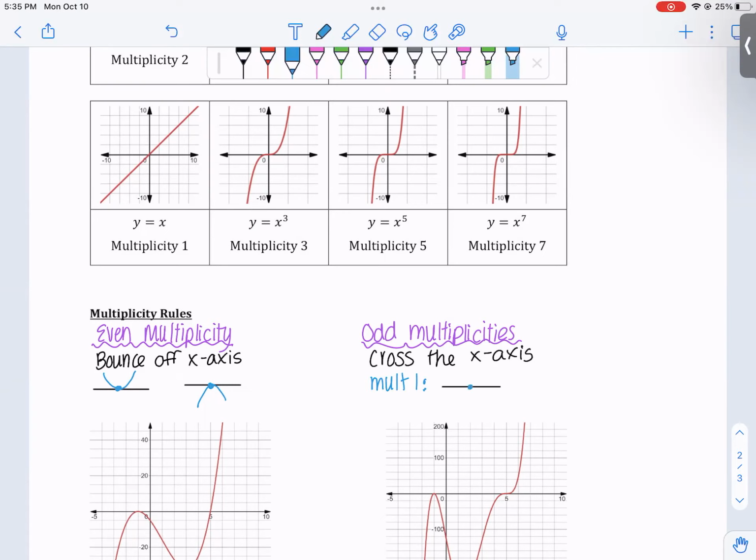So if your 0 is right here, you're just going to pass through. On the other hand, if you have anything higher than 1 and odd, so 3 or more, then if this is your 0, you're going to wiggle. This is no wiggle. This is a wiggle.